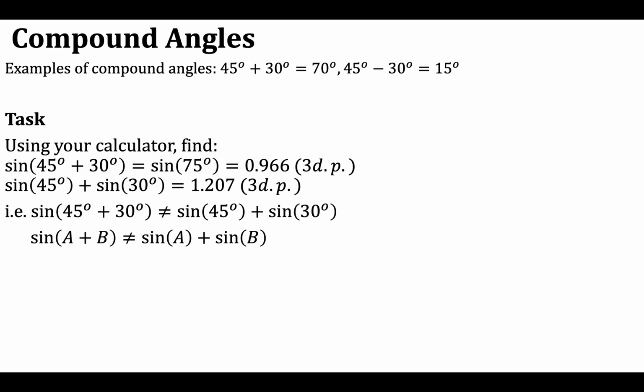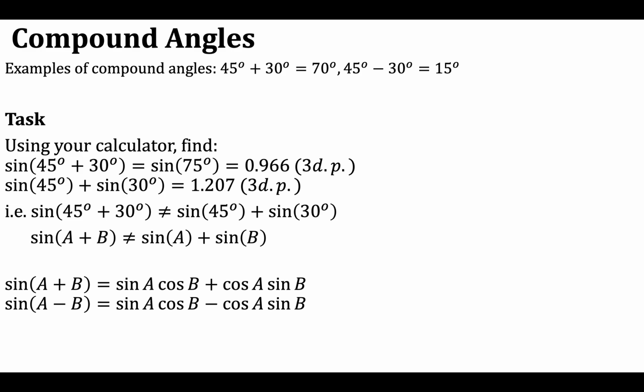So, what is sine of a plus b actually equal to then? Well, that is sine a times cos b plus cos a times sine b. Now if we look at the equivalent statement for subtraction, so sine of a minus b, we've got sine a cos b minus cos a sine b.